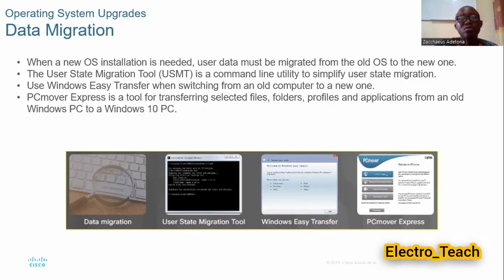That's another tool that can be used for transferring selected files, folders, profiles, and applications from an old computer to a new Windows 10 computer. All right, PC Mover Express, Windows Easy Transfer, and the user state migration tool. These are the tools you can use to back up data, to migrate data from an old system to a new one.